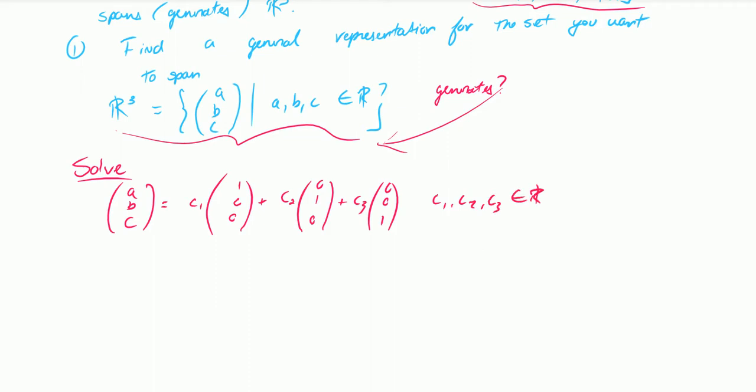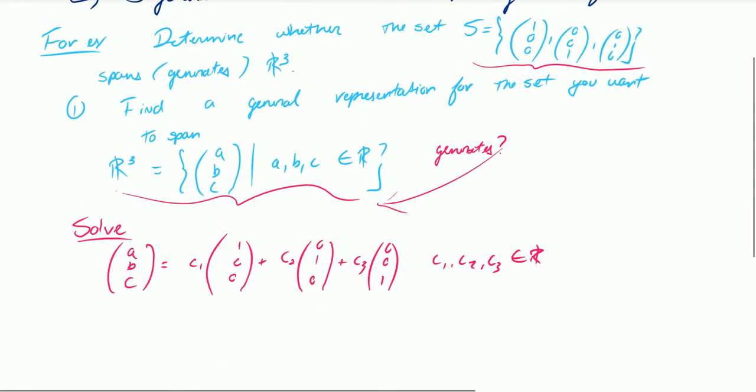So you're trying to see if there's a solution C1, C2, C3, for which if you take any arbitrary vector, any element in R3, you can use it to express (A, B, C) as a linear combination of these three vectors.